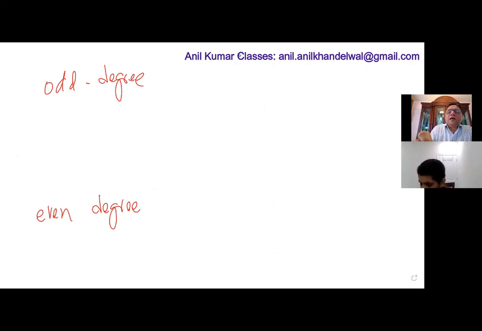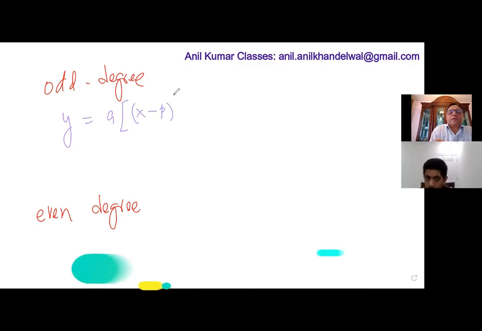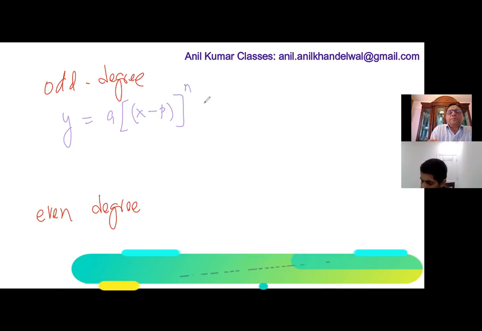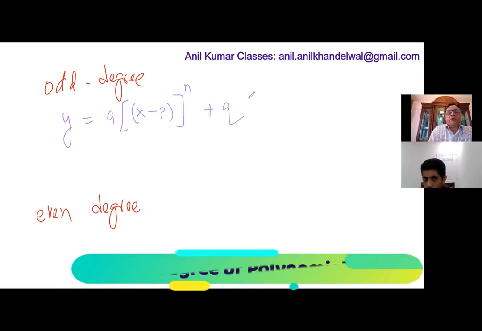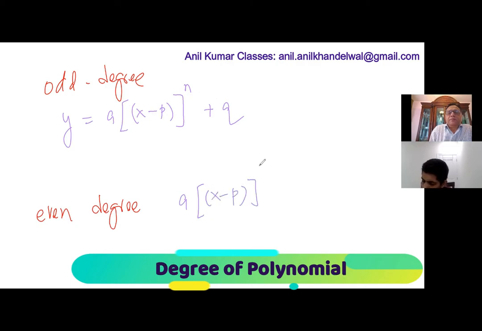So we are looking into the equation of the form y equals to a x minus p to the power of n plus q. We are looking into this particular form, right? Basically, here also, we're looking into this particular form x minus p to the power of n plus q.